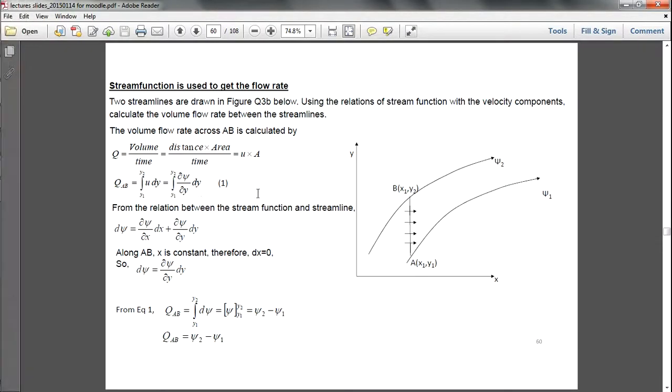Nonetheless, let's come back to this problem first. So xi is the volume flow rate of the particle itself, and as you know, volume is distance times area. So this is some distance times the area, and this distance is u, going in the y direction.